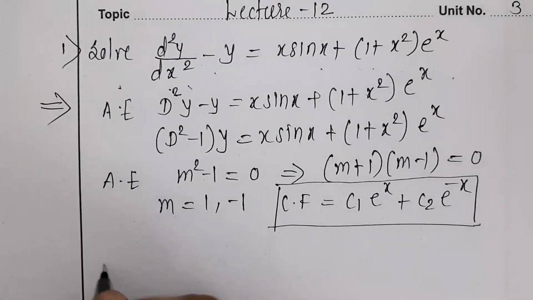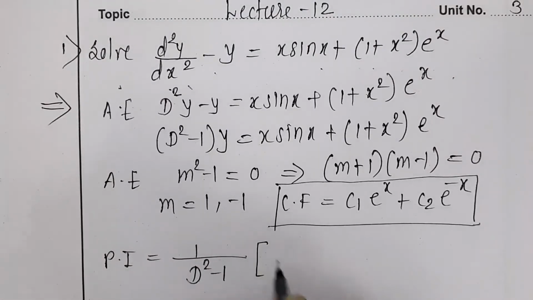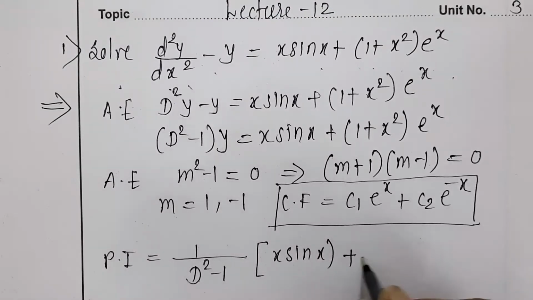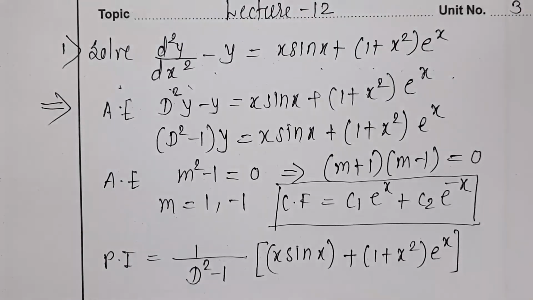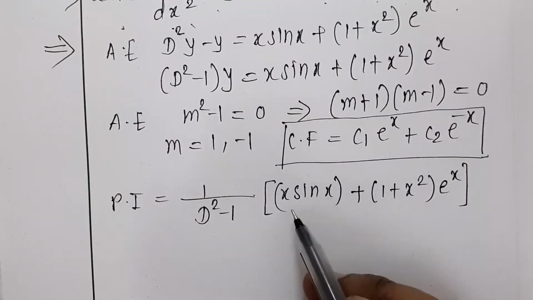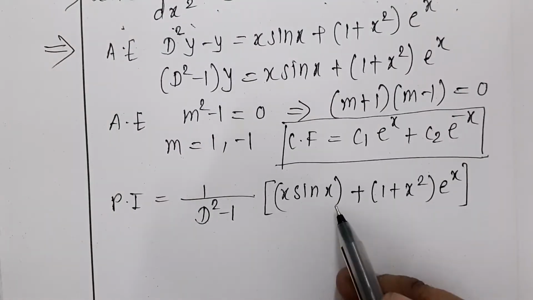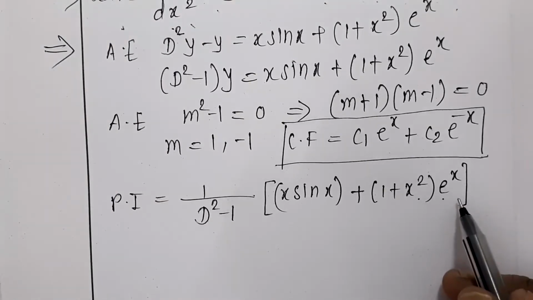Now to find the PI. PI is equal to 1 upon d square minus 1 multiplied by the right hand side, x sin x plus 1 plus x square multiplied by e to the power x. Observe the right hand side properly. This is x sin x, so we use case number 6, and 1 plus x square into e to the power x, here we use case number 5.